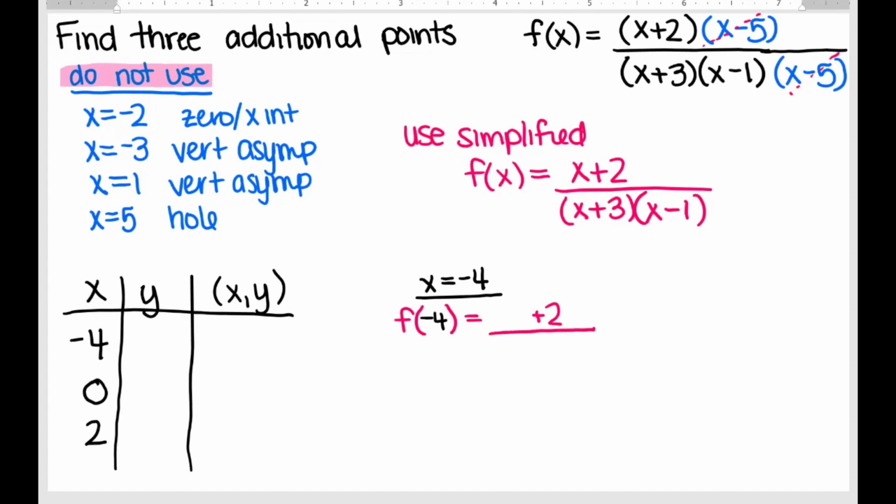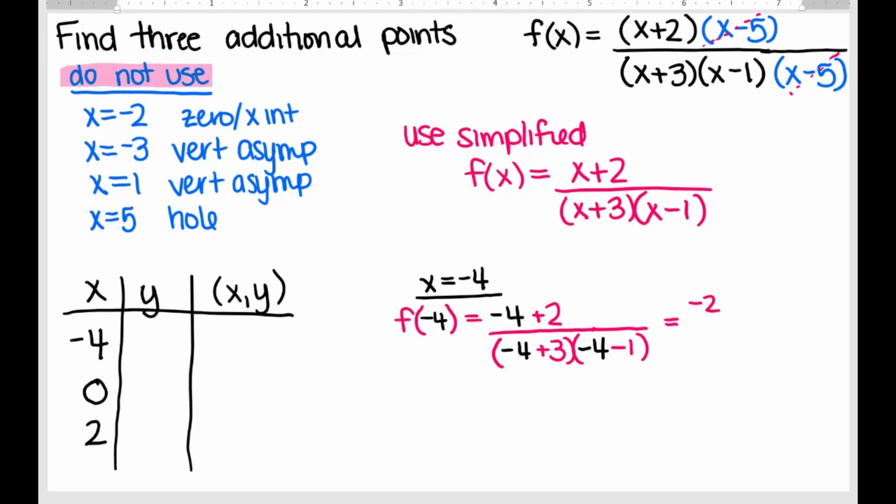So we're going to have -4 plus 2 up top all over -4 plus 3 times -4 minus 1. And from this point, you can either do the mental math or use your calculator.